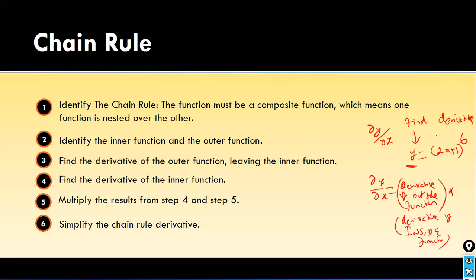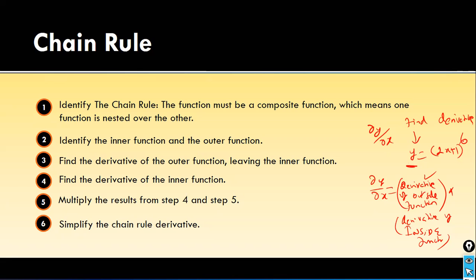In this case, what is the derivative of this? First, we take the derivative of the outside function, and then with that value, we take a product with the derivative of the inside function. The outside function here has the power 6.